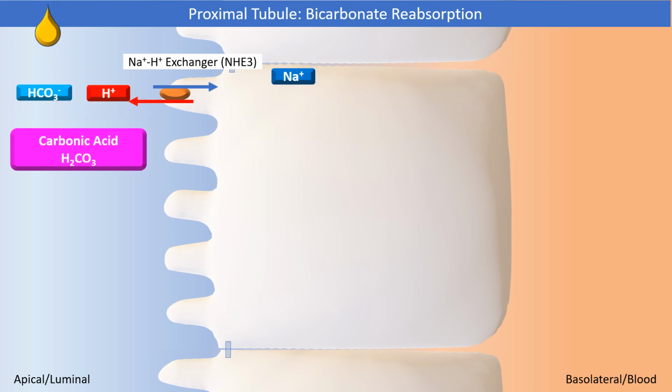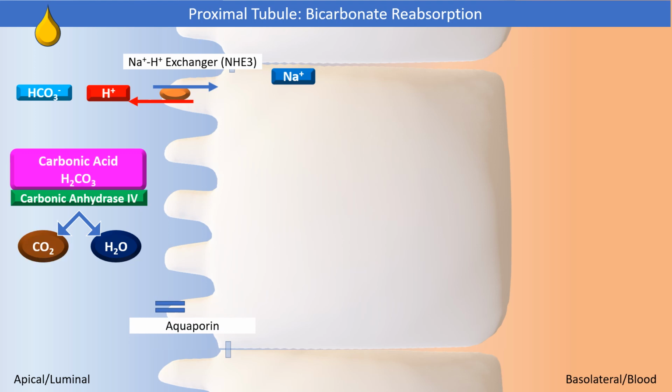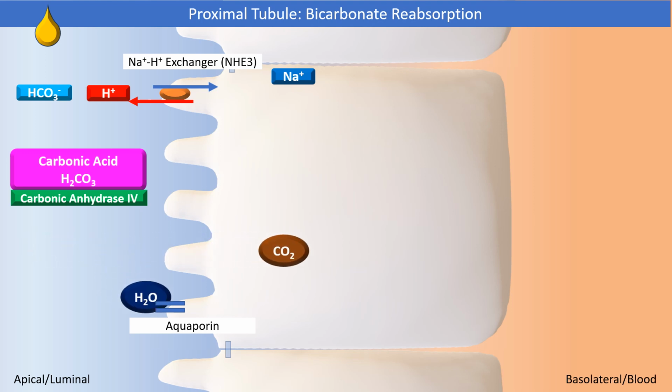Hydrogen combines with the filtered bicarbonate to form carbonic acid. With the help of the enzyme carbonic anhydrase, carbonic acid is split into CO2 and water. CO2 freely diffuses into the cell, while water crosses the cell via aquaporin channels.